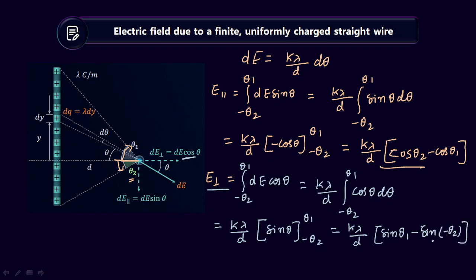And we know that sine of minus theta is minus sine theta, so minus minus will become plus. So E perpendicular will be equal to k lambda by d times sine theta 1 plus sine theta 2, right? So this will be our final answer.